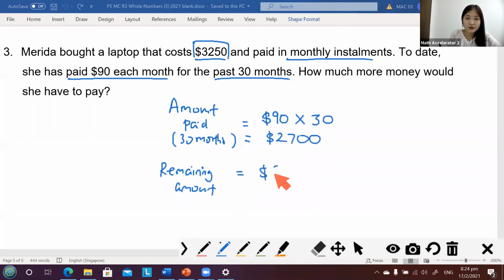She needs to pay 3250 and she has already paid 2700. Calculate it. What will you get? 550. Thank you. So that's your answer. $550.